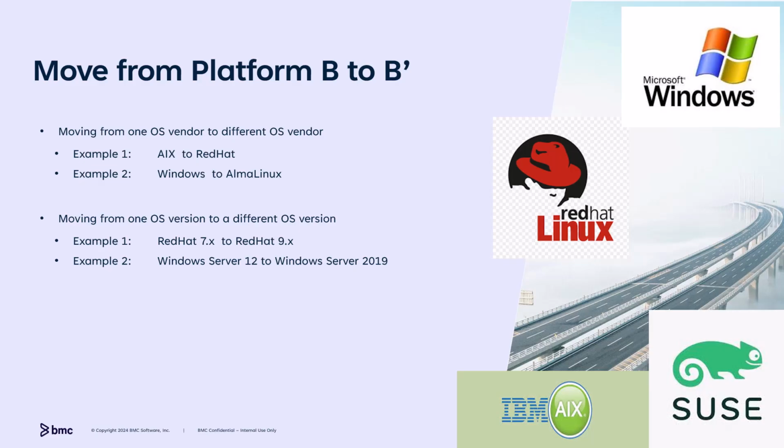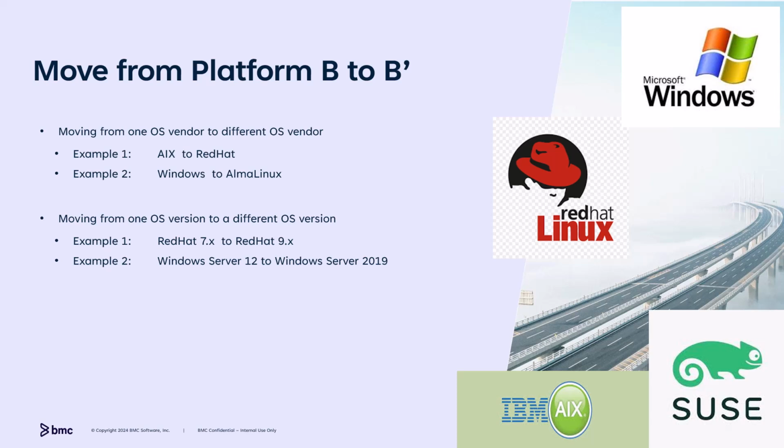Moving because of a new platform. There may be a need to move to a new OS vendor or different OS level. This could be due to compatibility issues, security enhancements, or the end of support for the current OS vendor or OS version. With a new environment, one can ensure that the latest and most compatible OS is used.